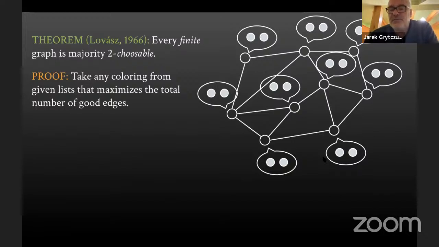So the guy who has to color a graph cannot distinguish between colors. What he sees is only gray vertices. But now the lister reveals one color and says, okay, this color, yellow, is in these lists.